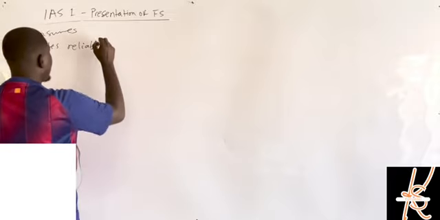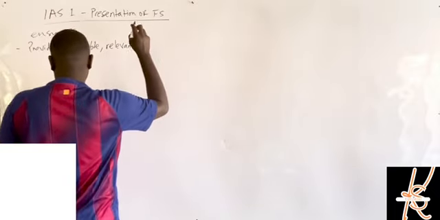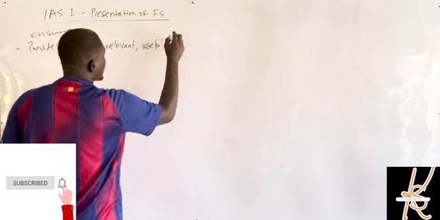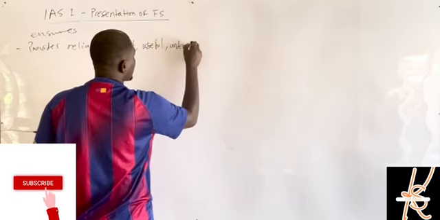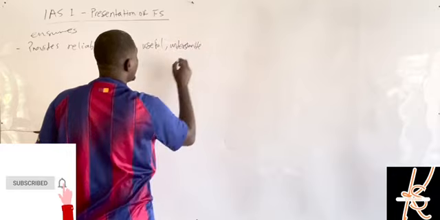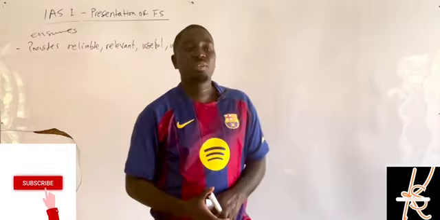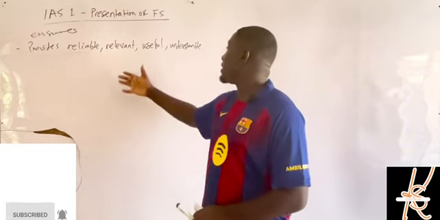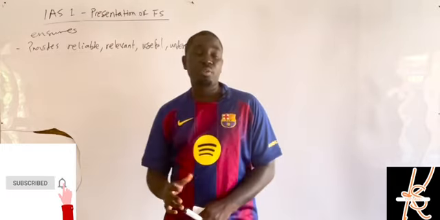We have relevant information, we have useful information, and then understandable information. So IAS 1 helps the financial statement to be reliable, to be relevant, to be useful for the users, and then to be understandable, very simple to understand.